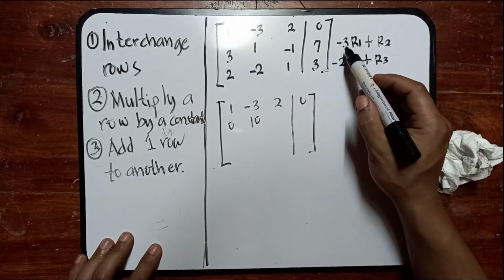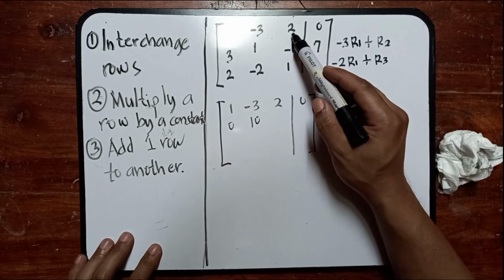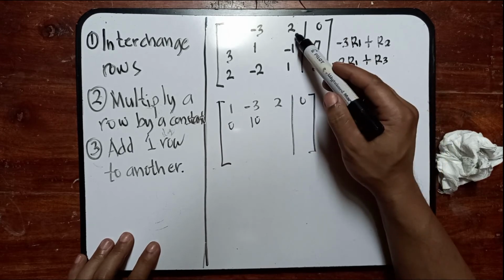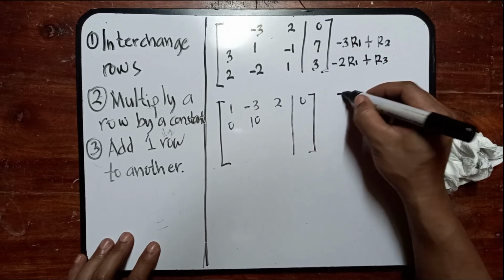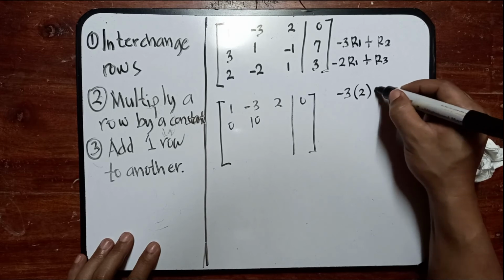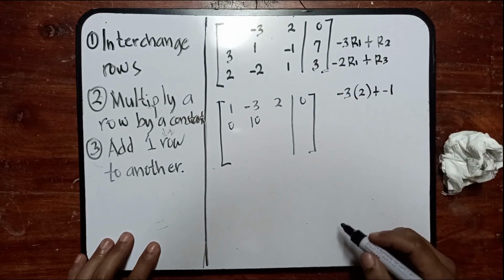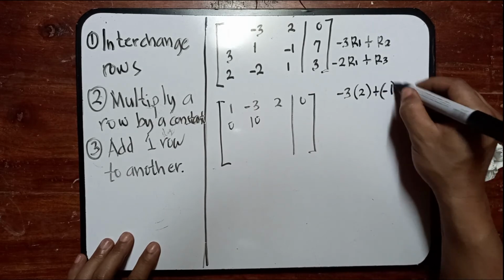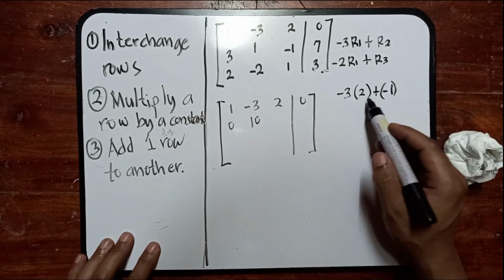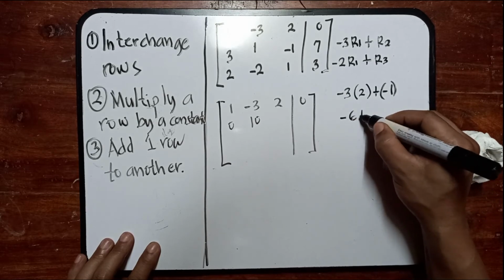So next, negative 3 times R1, we are already on the third column. Negative 3 times R1, which is 2. So let's write here negative 3 times 2 plus negative 1. So negative times positive, this is negative 6.